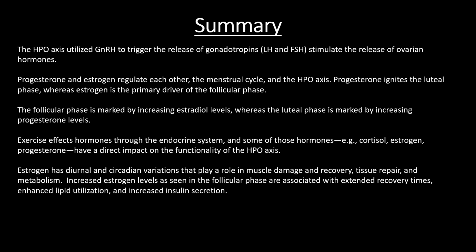Exercise affects hormones throughout the endocrine system, and some of those hormones, particular to the HPO axis, have a direct impact on the functionality thereof. Estrogen has diurnal and circadian variations, which we didn't really get into in this, but they play a role in muscle damage recovery, tissue repair, and metabolism. Increased estrogen levels, as seen in the follicular phase, are associated with extended recovery times, enhanced lipid utilization, and increased insulin secretion.